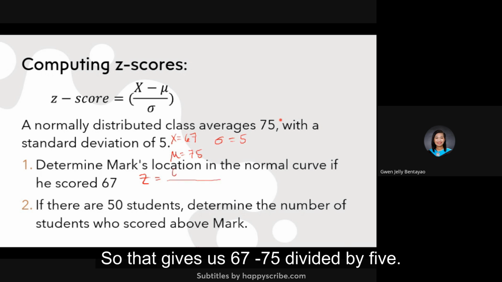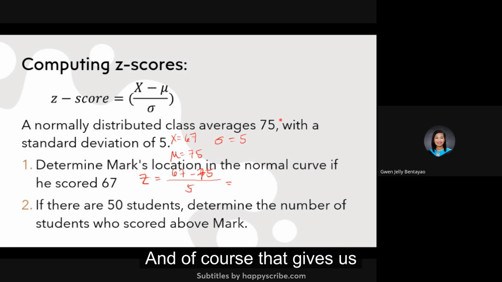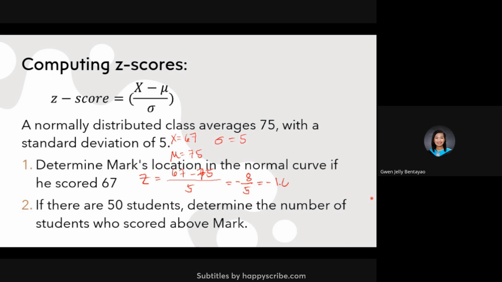So that gives us 67 minus 75 divided by 5, which gives us negative 8 divided by 5. And negative 8 divided by 5 is negative 1.6.